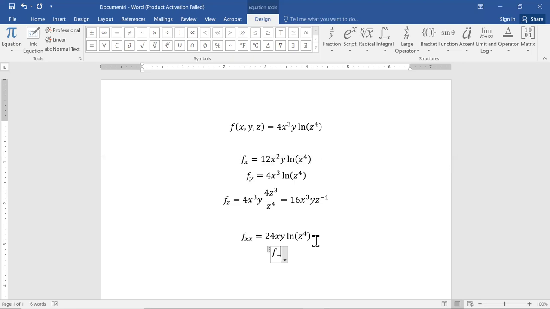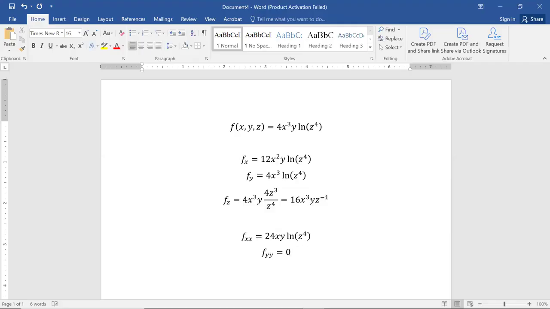If I take f sub yy, so second derivative with respect to y, well, there's no y involved here anymore. So that's just a constant number. And I get second derivative with respect to y is 0.